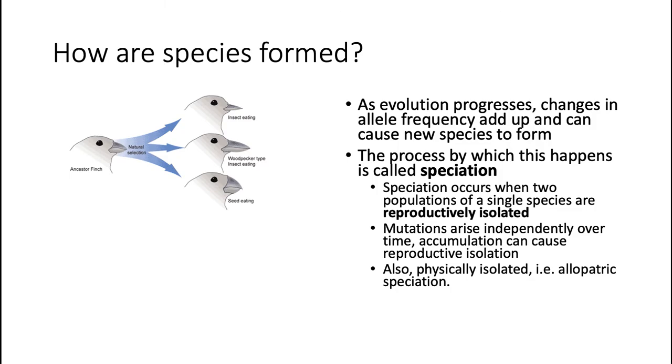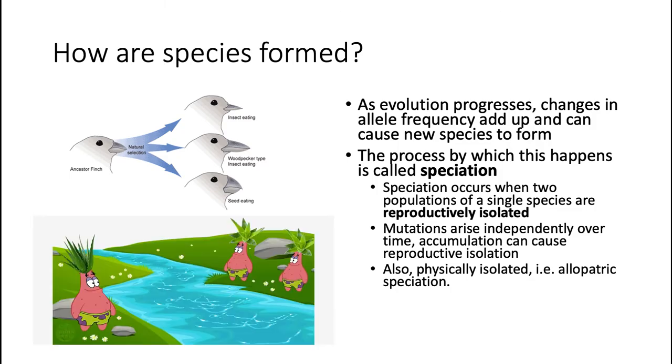This is called allopatric speciation. So this image to the left shows two types of patricks, right? What allopatric speciation is, you start with one group of species, a population. Then some sort of geological feature like a river divides the population.